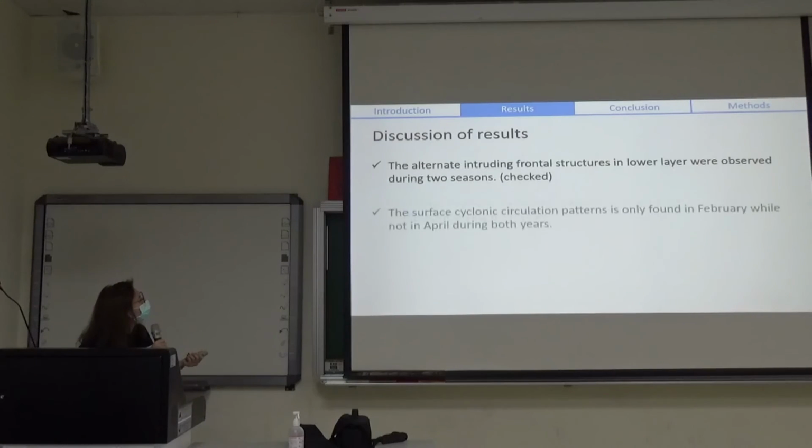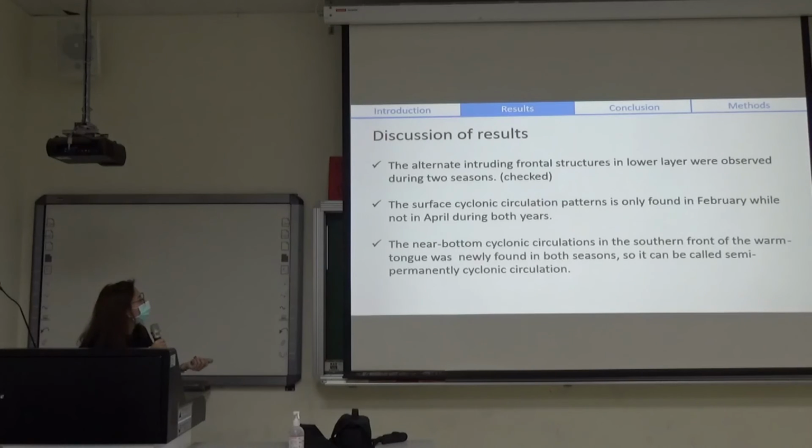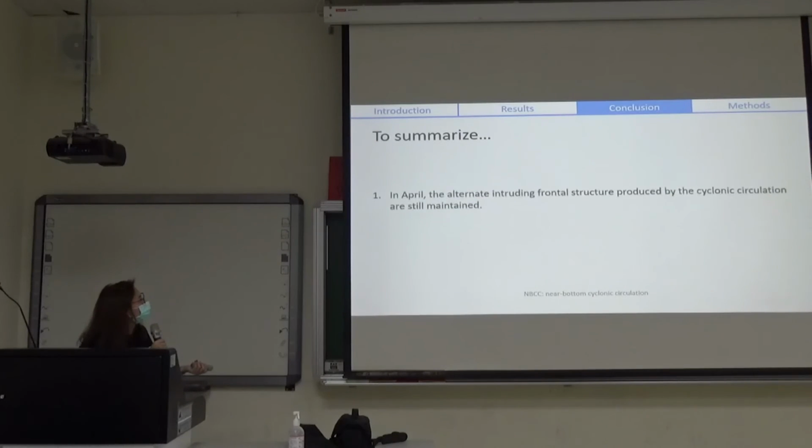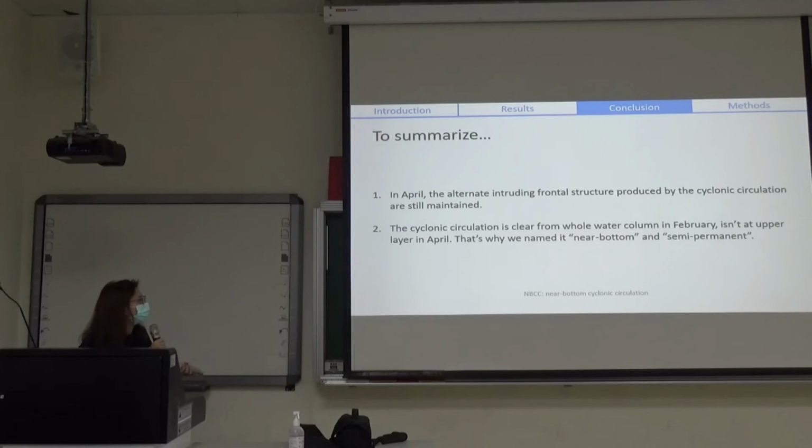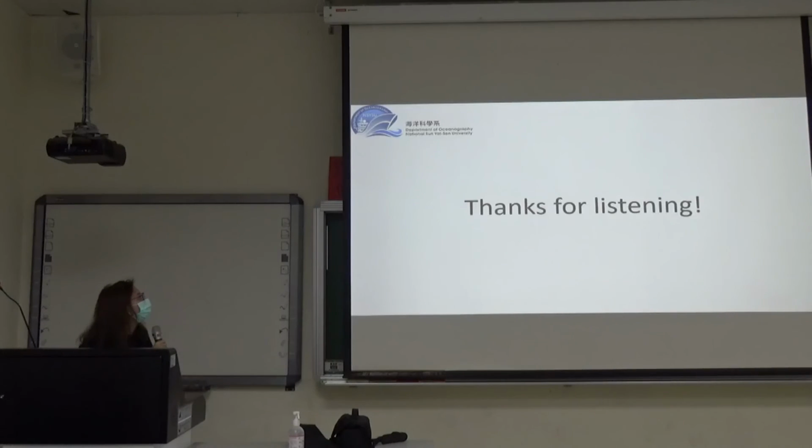So all the discussions are checked. To summarize, in April, the alternate intruding frontal structure produced by the cyclonic circulation is still maintained, and the cyclonic circulation is clear through the whole water column in February, but is only at the lower layer in April, so that's why we name it near-bottom, or we can call it semi-permanent. Thanks for listening.